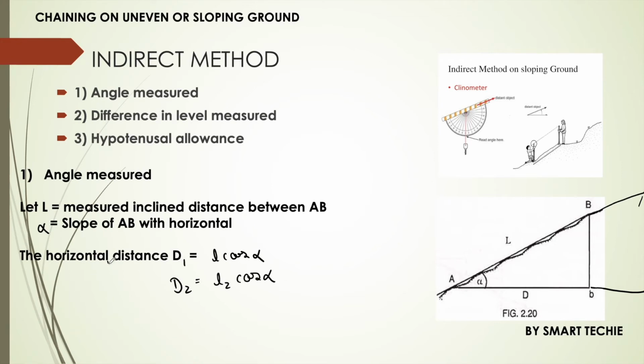So the total horizontal distance D is nothing but D1 plus D2. So in the angle measured method, the inclined distance AB is measured in the field, as well as the inclination angle with respect to the horizontal, and this horizontal distance D is calculated by L cos alpha.